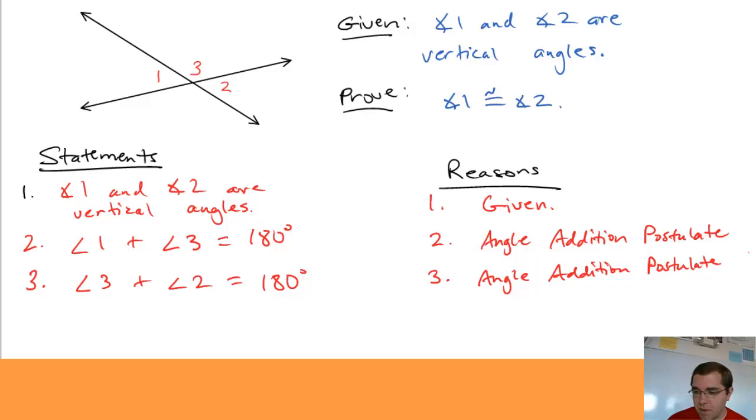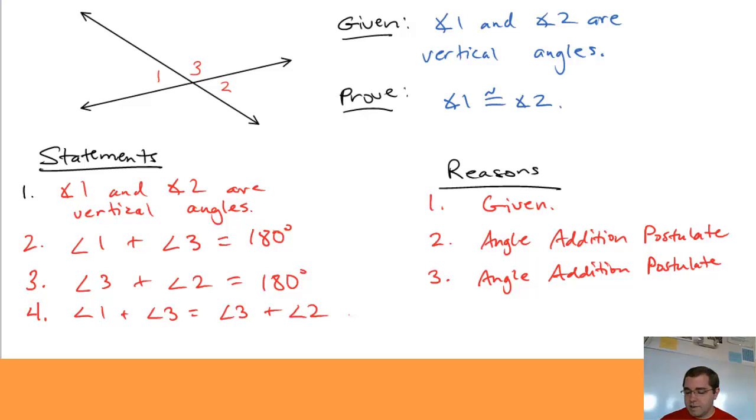Okay? Those equations both equal 180 degrees. So I could combine the two equations together, replace 180 degrees in the first equation with angle 3 plus angle 2. Angle 1 plus angle 3 equals angle 3 plus angle 2.